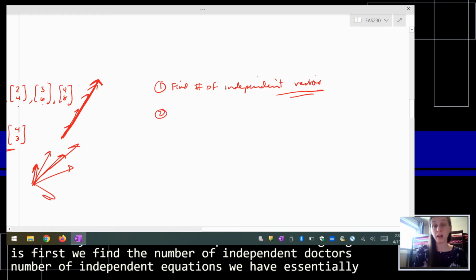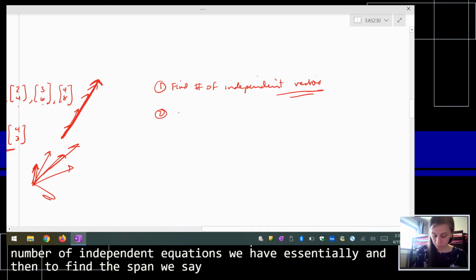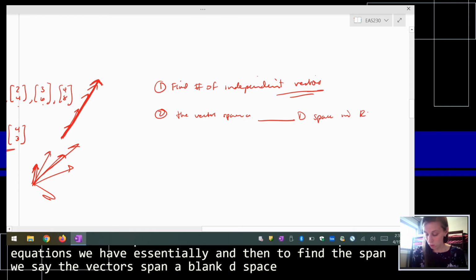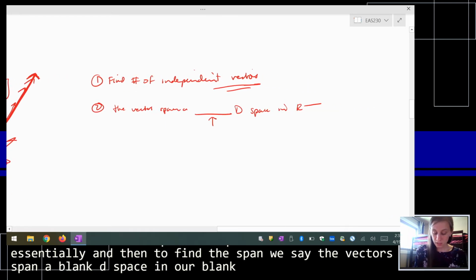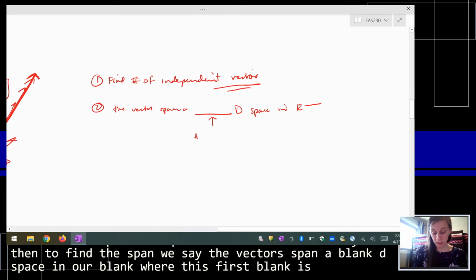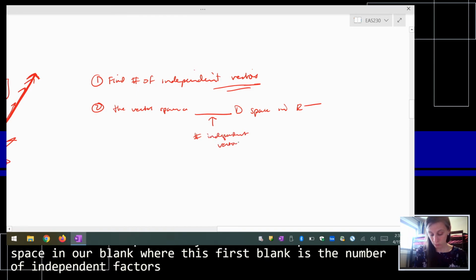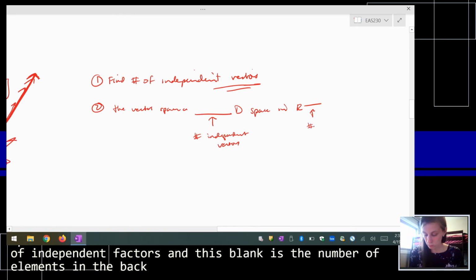And then to find the span, we say the vectors span a blank D space in R blank, where this first blank is the number of independent vectors, and this blank is the number of elements in the vectors.